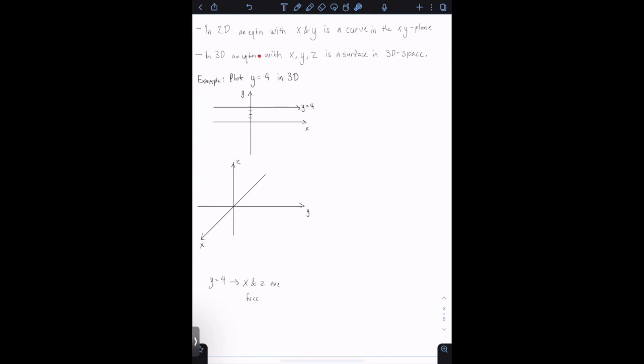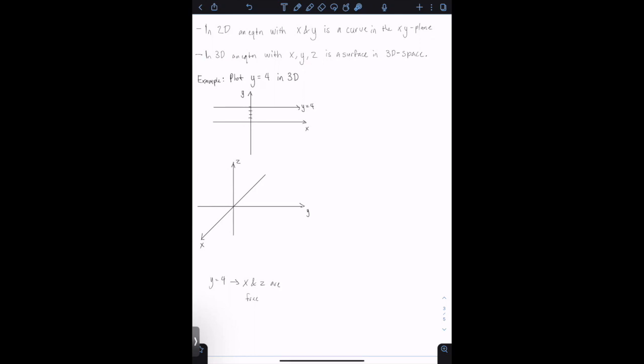But in 3D, an equation with X, Y, and Z is going to be a surface in 3D space. Any equation that involves X, Y, and Z, or might be missing one of these three variables, is going to be a surface in 3D space.